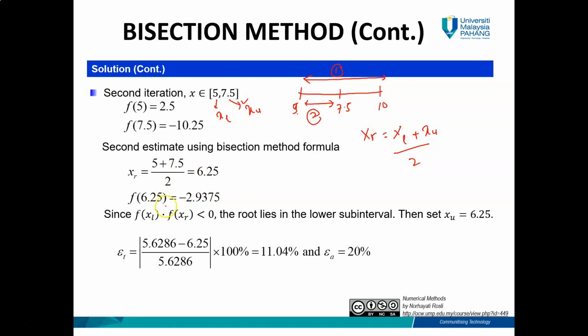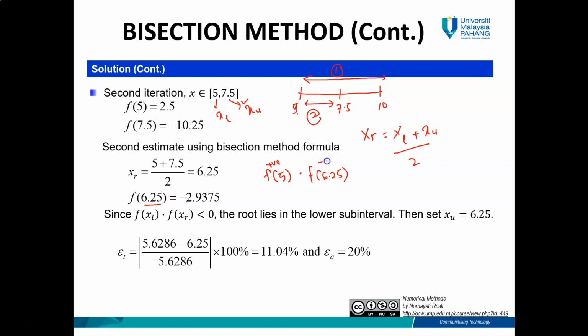And then class, we compute the function of this 6.25 by substituting this 6.25 in the original equation. And then we get here negative 2.9375.